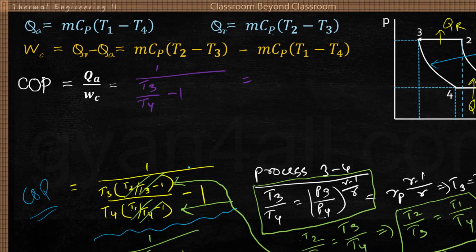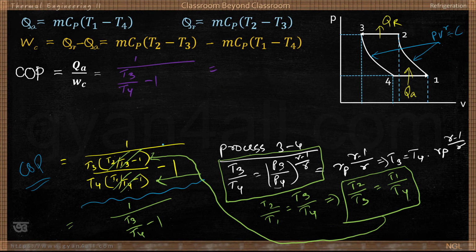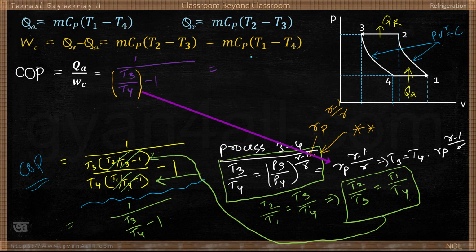Now you see T3 divided by T4. What can we write? T2 by T1, but this we will write as P3 by P4 to the power gamma minus 1 by gamma, and that is RP to the power gamma minus 1 by gamma. So that we will write 1 divided by RP to the power gamma minus 1 by gamma minus 1.